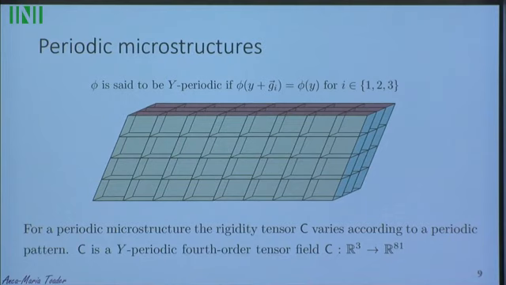It is a function which is invariant to translations, to integer translations with the vectors of the basis. And for a periodic microstructure, the rigidity tensor C will vary according to the periodic pattern, and it will be a y-periodic fourth order tensor.